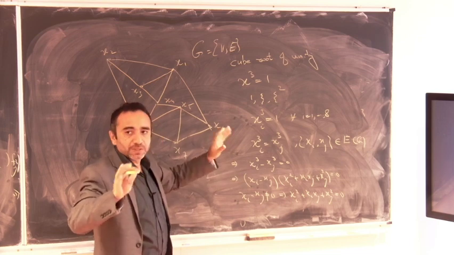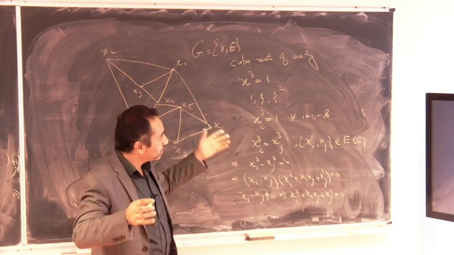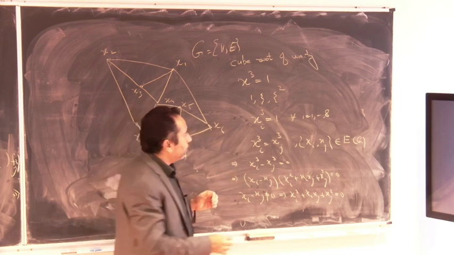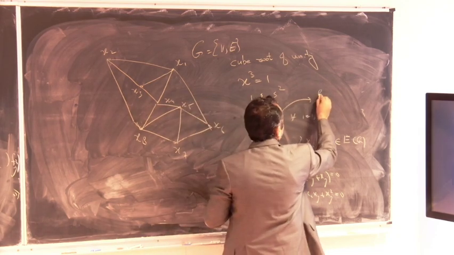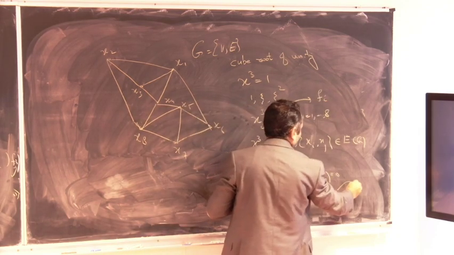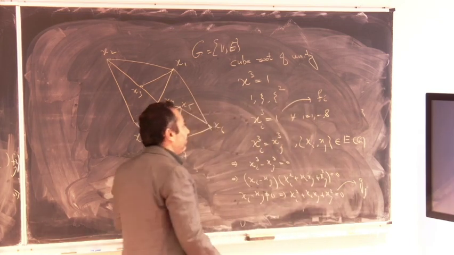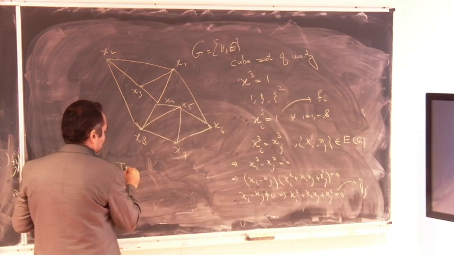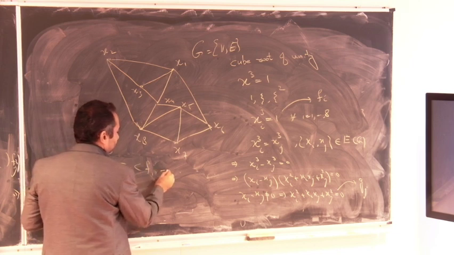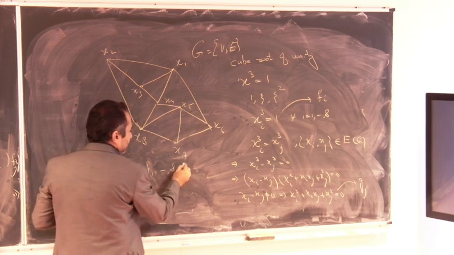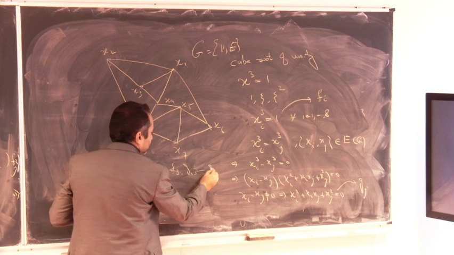So then we have a big system. Suppose we call all those fi's and we call all those equations gj. Then we have an ideal I, which is generated from f1 to f8 and then g1 up to g13.